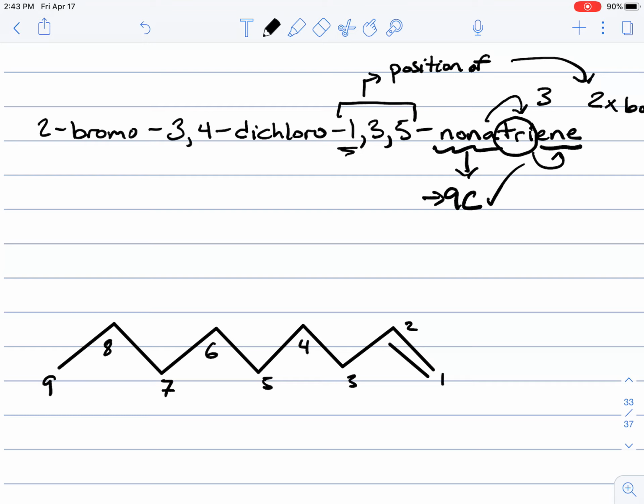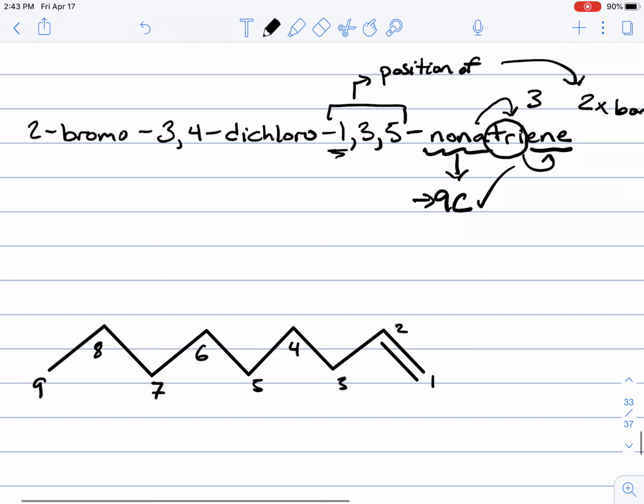Now remember, a double bond only goes between 2 carbons. So if I'm starting from number 1, then I'm ending at carbon 2. Now the next one is 3, and so I'm starting from 3 and going to 4. Okay, I'm not going to go from 3 to 2, right? That doesn't make sense. You always go forward in terms of number. So 3 to 4.